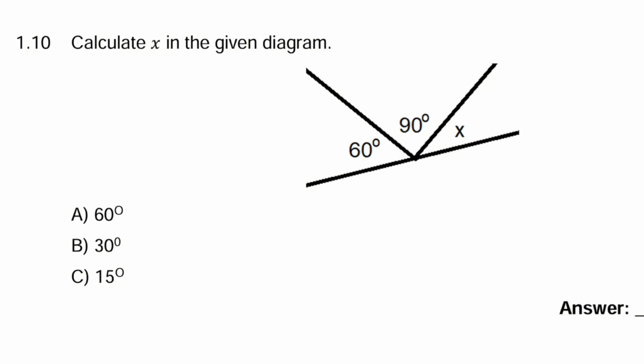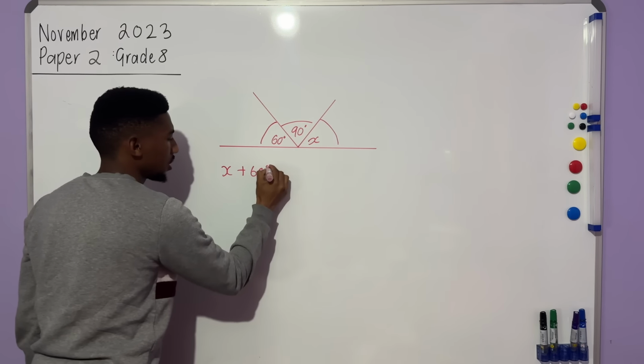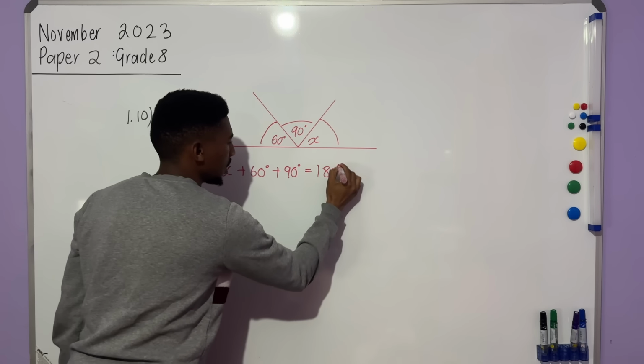For 1.10, we have a straight line and it says calculate x in the given diagram. We have a straight line that is divided into three different angles, and we're going to use our straight line law, which says that when you add all these angles, x plus 60 plus 90, they are equal to 180 degrees.